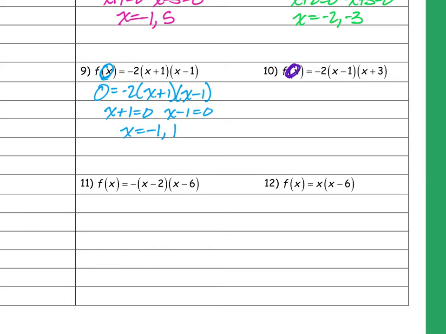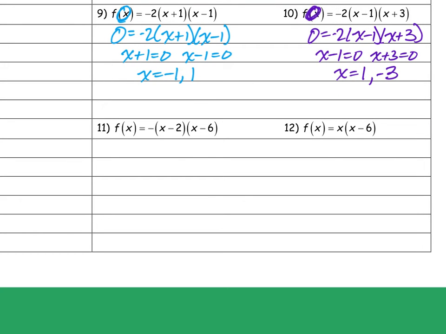Here we've got 0 equals negative 2 times x minus 1 times x plus 3. So x minus 1 can equal 0 or x plus 3 can equal 0. So x is going to equal positive 1 or negative 3. Beautiful.